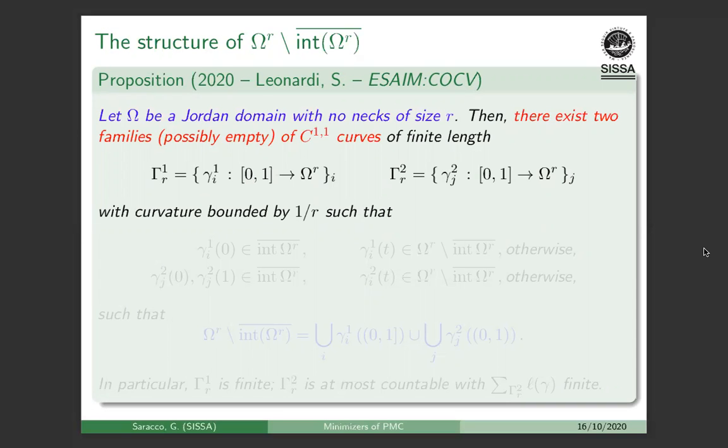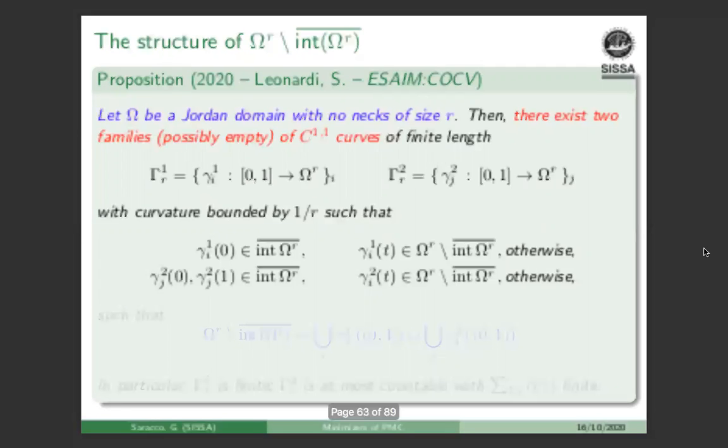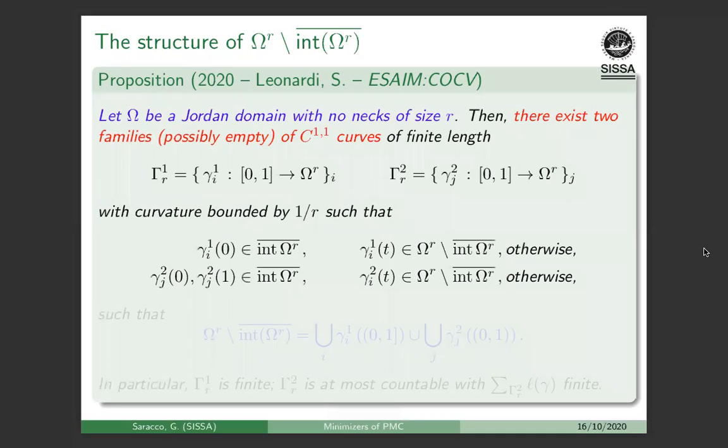either Pinocchio's noses or this last example, so let's say always corridors. The curves belonging to the first family are those such that one of its endpoints belongs to the closure of the interior and the other does not. And the curves in the second family have both endpoints in the closure of the interior.